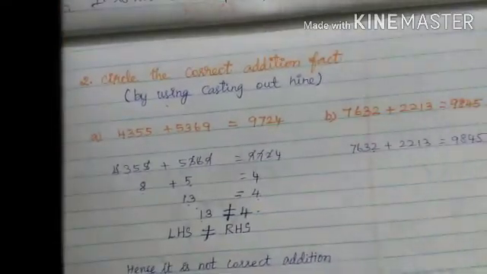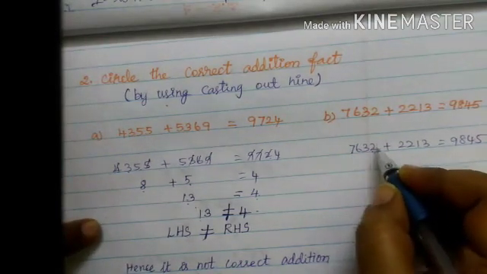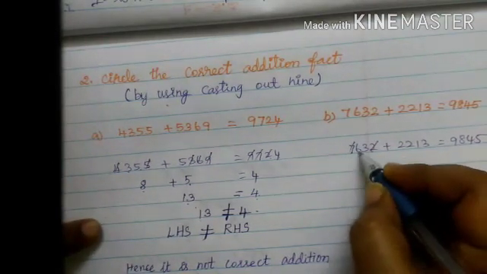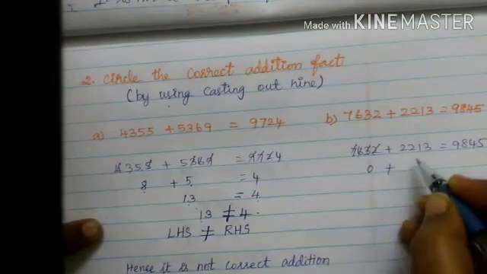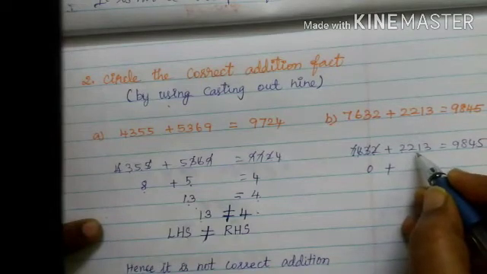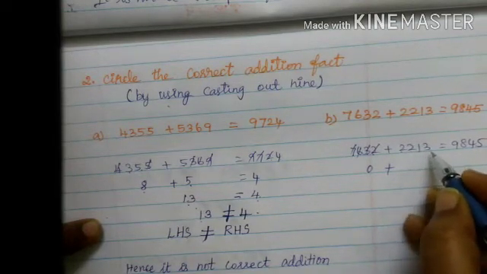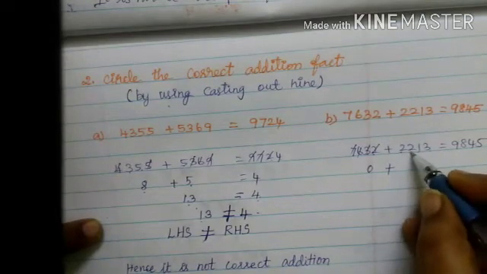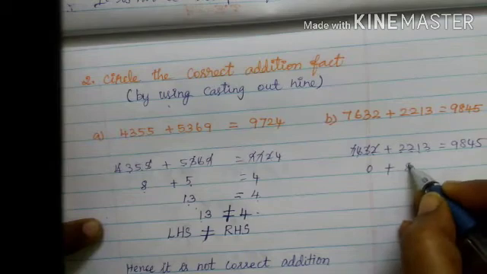So you check, here are 3 numbers. First number is 7 plus 2, 9, leave it here. 6 plus 3, 9, so leave it here, 0. Then 2 plus 2, 4, 4 plus 1, 5, 5 plus 3, 8.